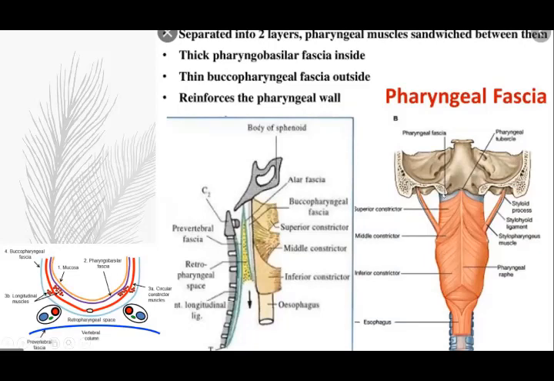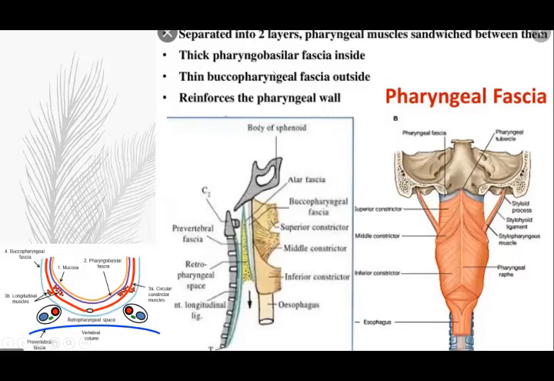On the inside, you have pharyngobasilar fascia lining the inside of the pharynx, और ये जो muscles हैं lying on the outside of this outer surface of the muscle. ये muscle की outer surface है. Outer surface of the muscle जो है, that is covered by a fascia which is called buccopharyngeal fascia. जबकि muscle की जो inner surface है, that is lined by a fascia which is called pharyngobasilar fascia.